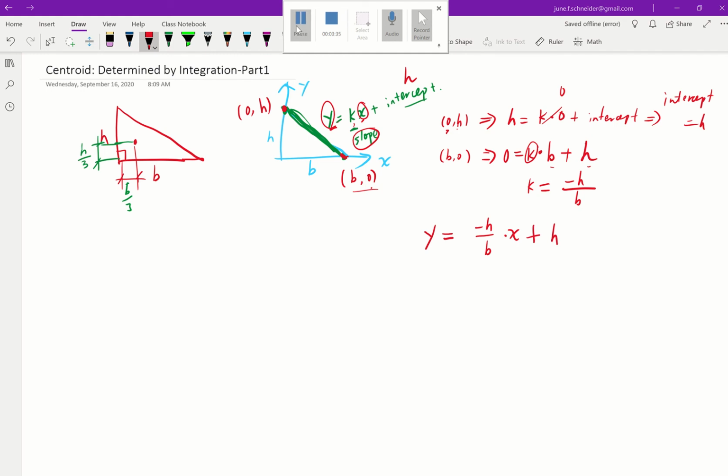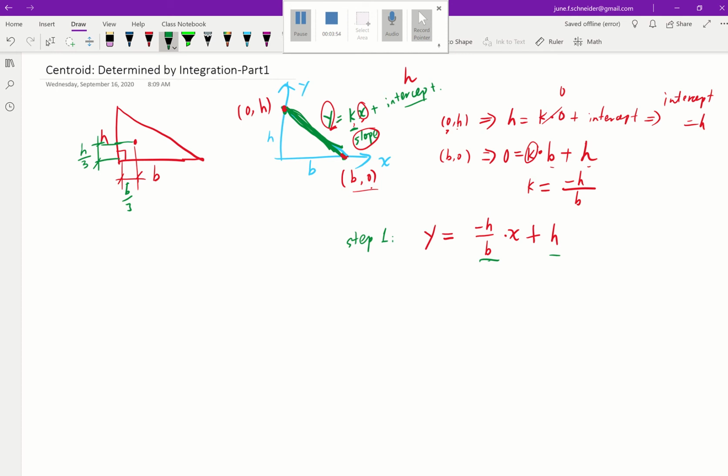All right, so that's our first step to get an expression for this green line. We figured out the slope and the intercept. That's step 1 to solve a problem like this in order to find a centroid: the line expression is the first step.